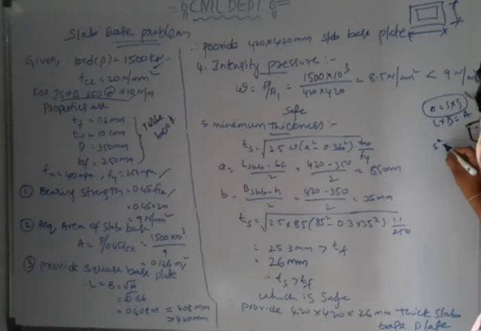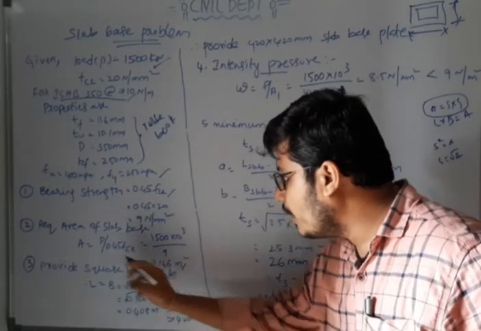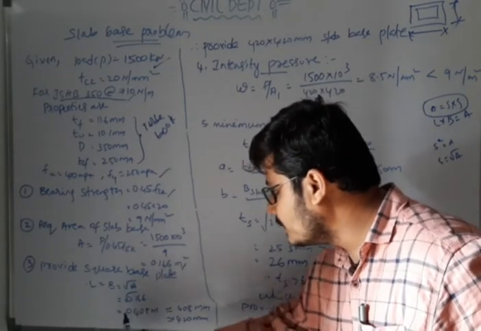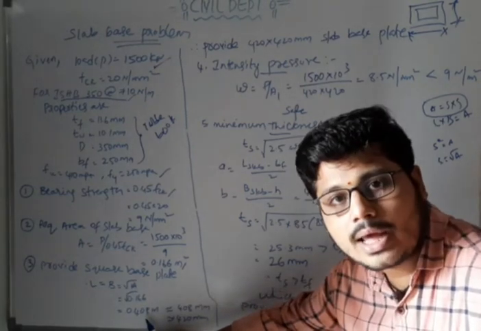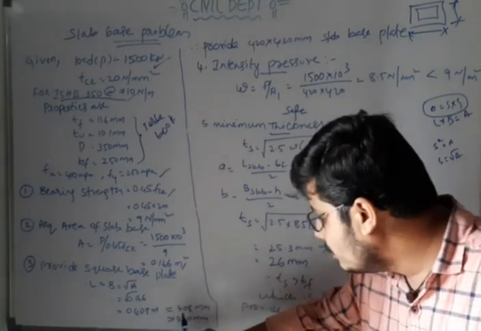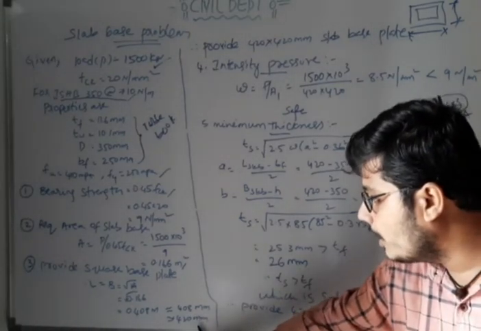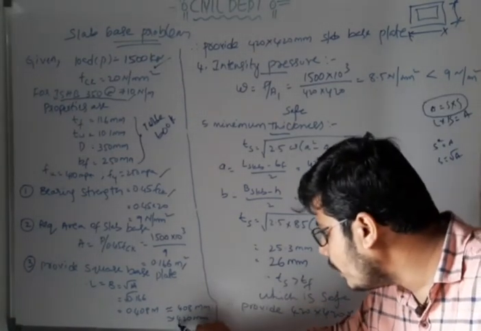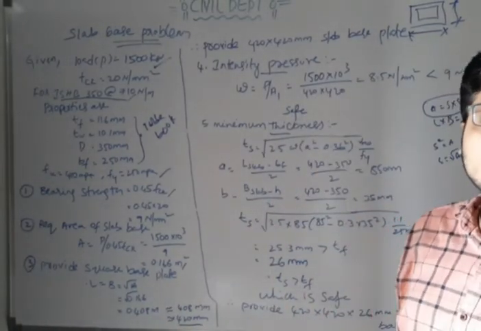Because S square is equal to A, that is S is equal to root A. So root of 0.166 gives 0.408 meters. Converted to mm, 408 mm. Approximately we have taken a round figure value of 420 mm. So this is the square base plate of side 420 mm.